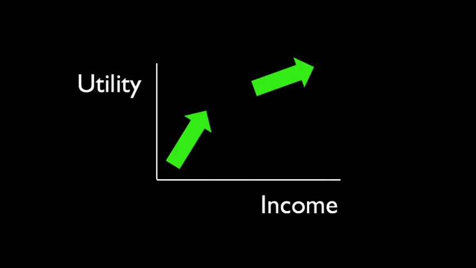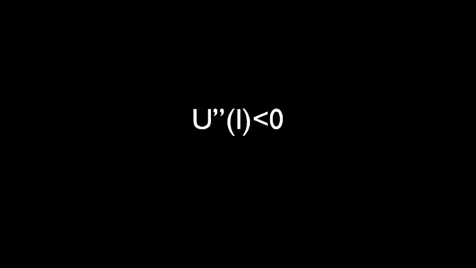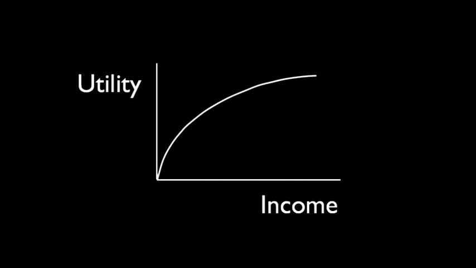So in other words, the magnitude of the positive slope will get smaller as income rises. This means that the second derivative will be less than 0. If you put it all together and say, okay, utility function, you have to have a positive first derivative and you also have to have a negative second derivative, then what you get graphically is a concave utility function.